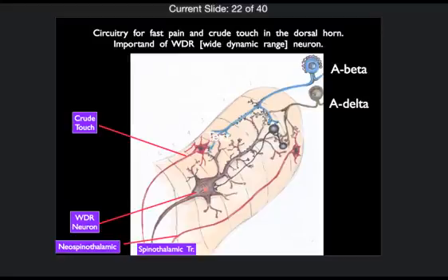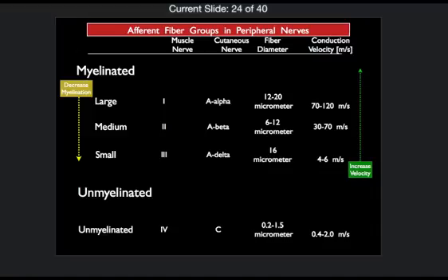It is inhibitory directly to an inhibitory in lamina 2 to keep the WDR neuron quiet. So that's an important fact, and here's a kind of a summary. And I think this is general knowledge, but it's something to hang your hat on for the pragmatism of residency, and that is for your boards.